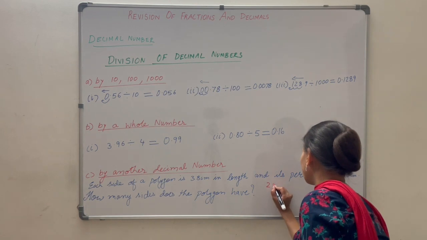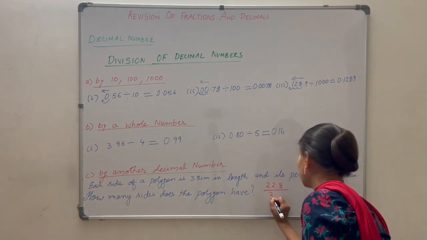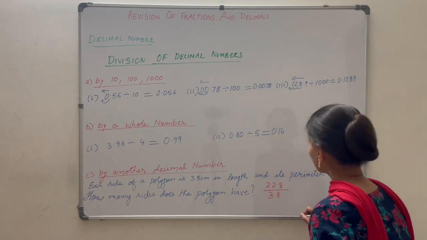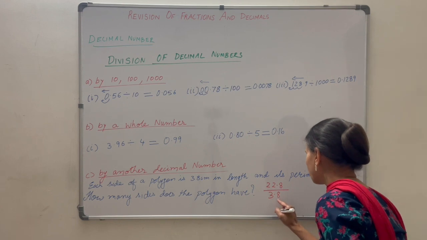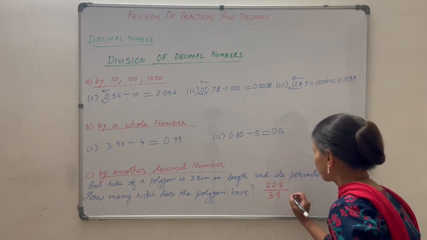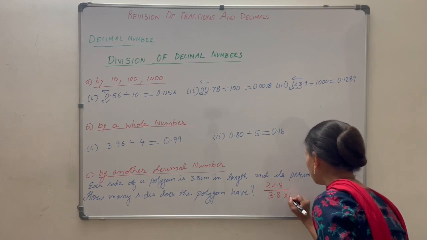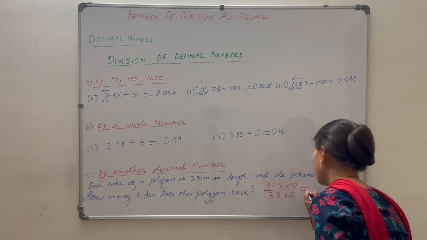First let us write down. You have to divide 22.8 by 3.8. So you don't know how to divide by a decimal number. You have to convert it into a whole number. You multiply this by 10 because there is one digit after the decimal point. So if you multiply this by 10, you will get a whole number. So I am multiplying both numerator and denominator by 10.